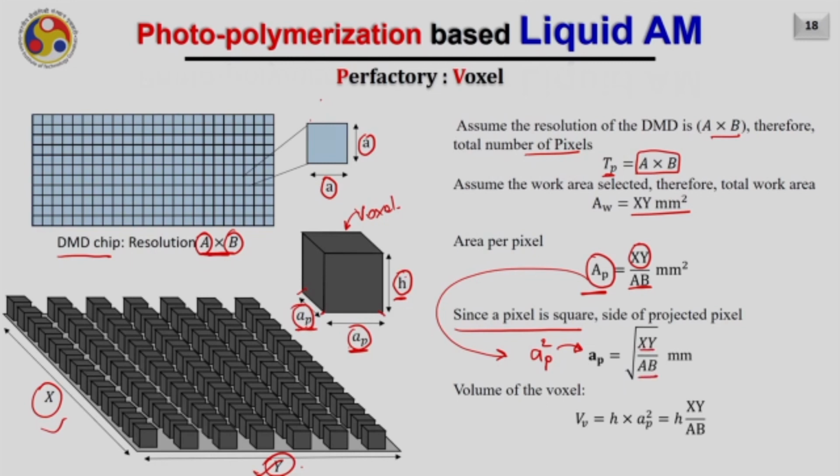Once you know the side of the voxel on the xy plane, you can find out the volume of the object if height is known to you. The volume will be equal to height into AP square, that is the area, and hence this is the volume of the voxel which you are curing by this technology.